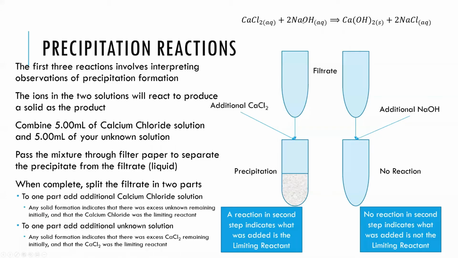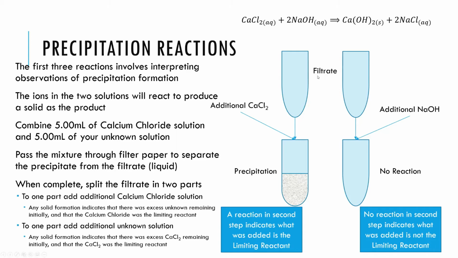So in the reaction itself, for all of these precipitation reactions in part A, you're combining them together. For each one of these three reactions, you're mixing 5 milliliters of calcium chloride solution with 5 milliliters of your unknown. Once you have that mixture, you're passing it through a piece of filter paper and you're collecting that liquid that comes out of the other side, that filtrate.